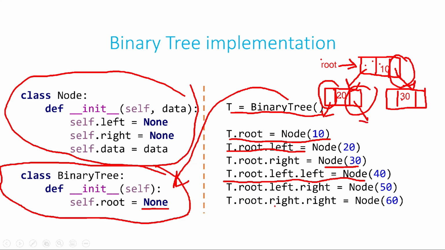And t.root.right.left, this particular element, contains the reference to 60. So that's how we have created a binary tree here. This is the minimal implementation of a binary tree.